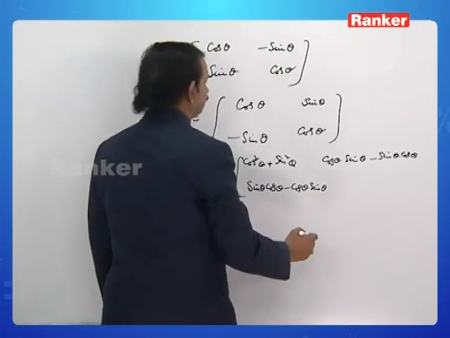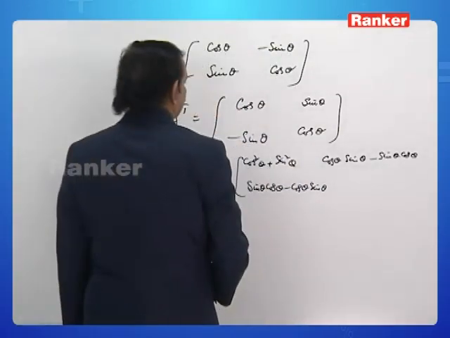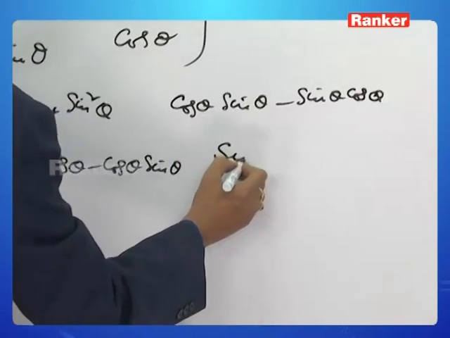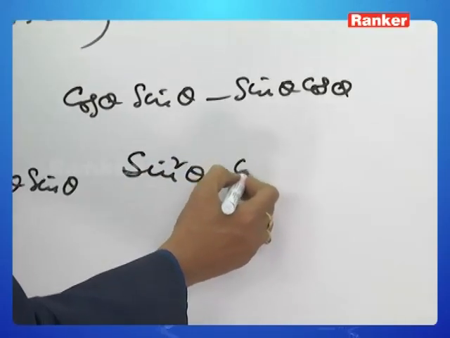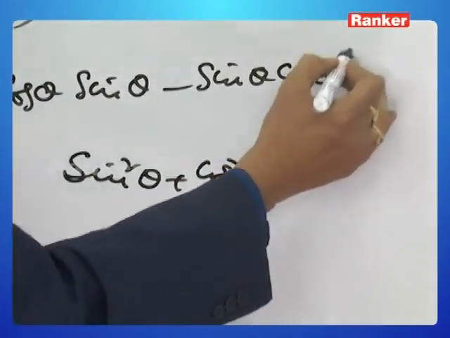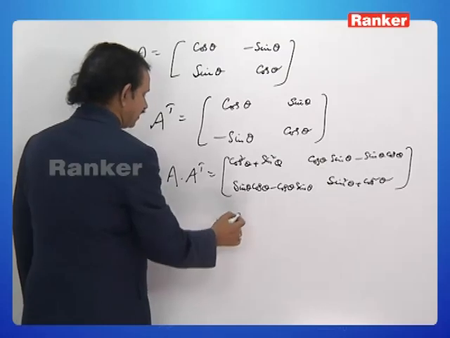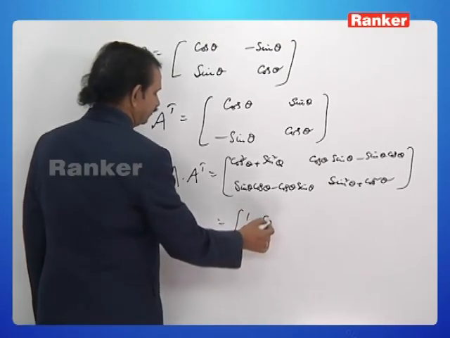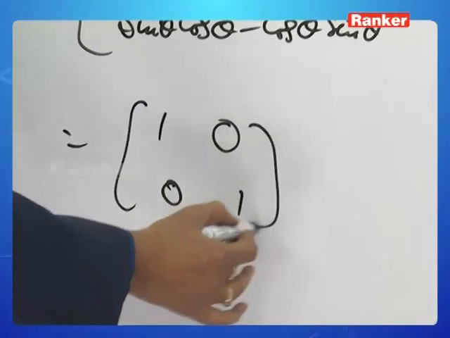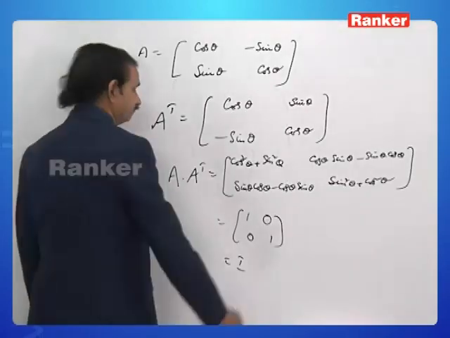Second row, second column: sin square theta plus cos square theta. This is equal to 1, 0, 0, 1, which is just nothing but I.